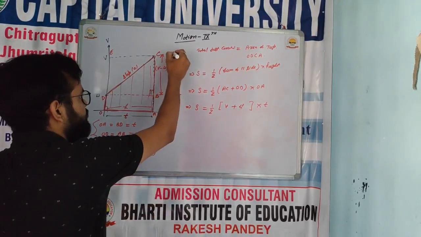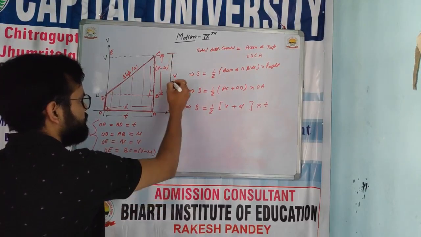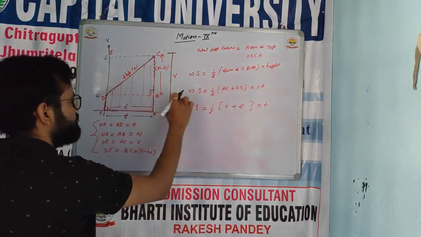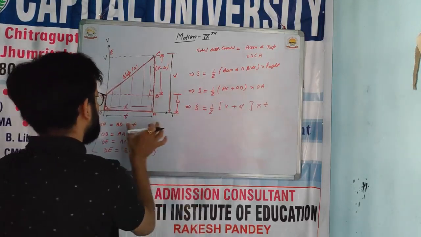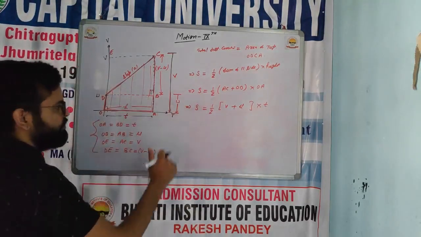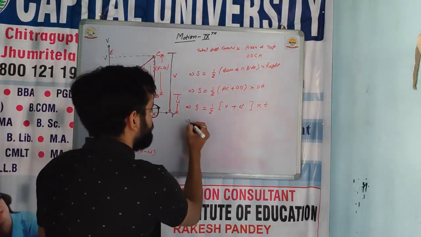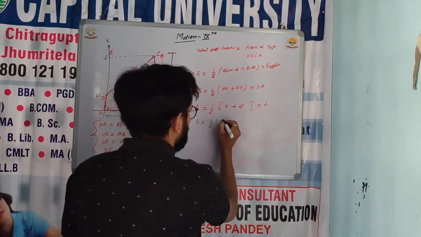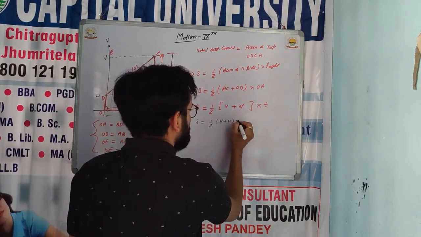AC means from here to here, which is V. OD is this, which is U, and OA is time T. Now S equal to half into V plus U into T.